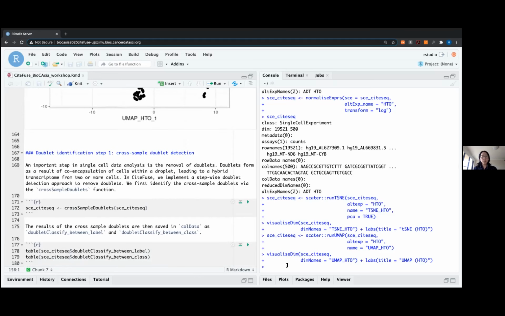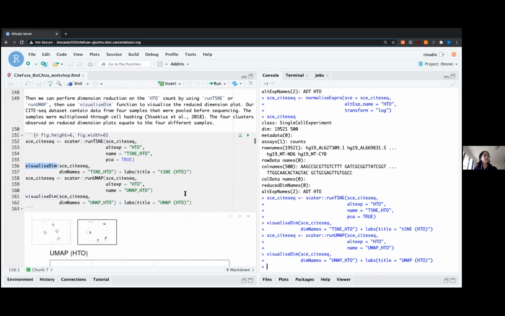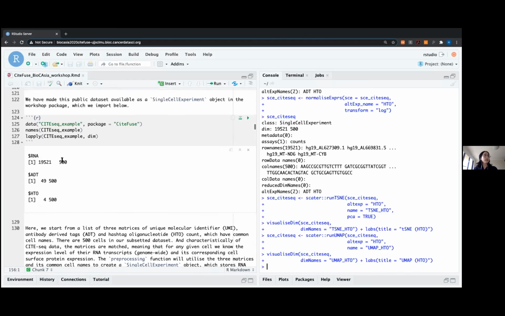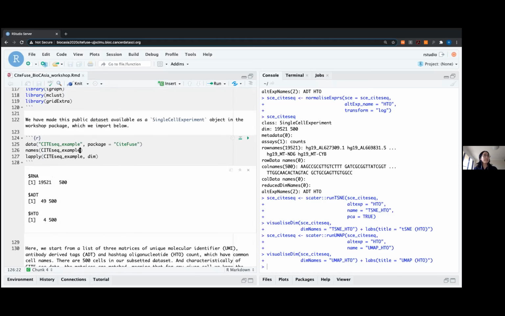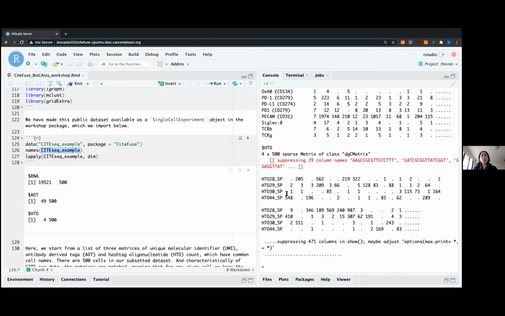So if we just go back to looking at, I just want to make it clear because sometimes people might not be familiar with the HTO data. It's relatively new. So here, this is what it looks like for the HTO. Usually the number of rows correspond to the number of cell hashing antibodies that are used, and the columns refer to cells.